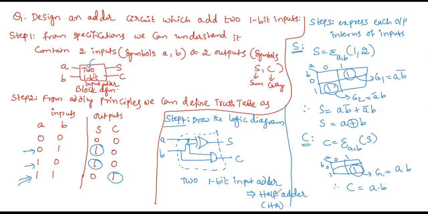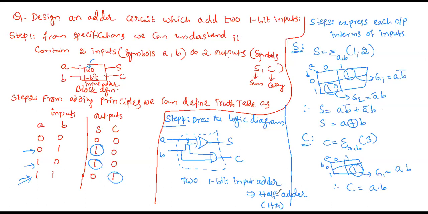Okay. I told you in the last class the 4 steps in the design procedure. Everyone has to read and remember. In step 1, whatever the design you are going to construct, you have to decide how many inputs and how many outputs the circuit has.